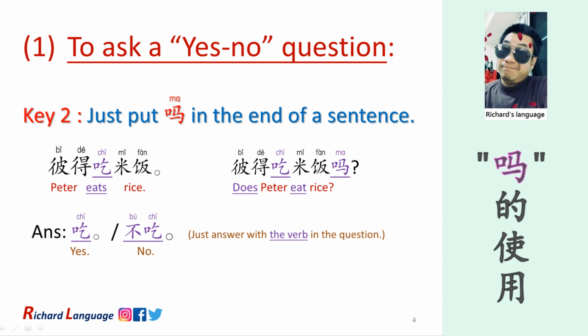If you want to answer no, you can say 不吃, which means no. So it is the way we use the word 吗 to form a yes-no question, and also we know how to answer this kind of yes-no questions. All the time you find a verb in a question, then you know how to answer them.